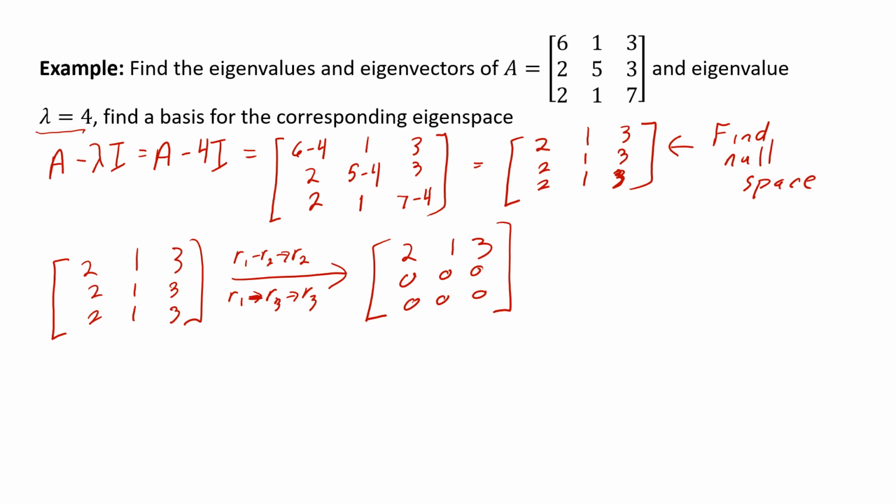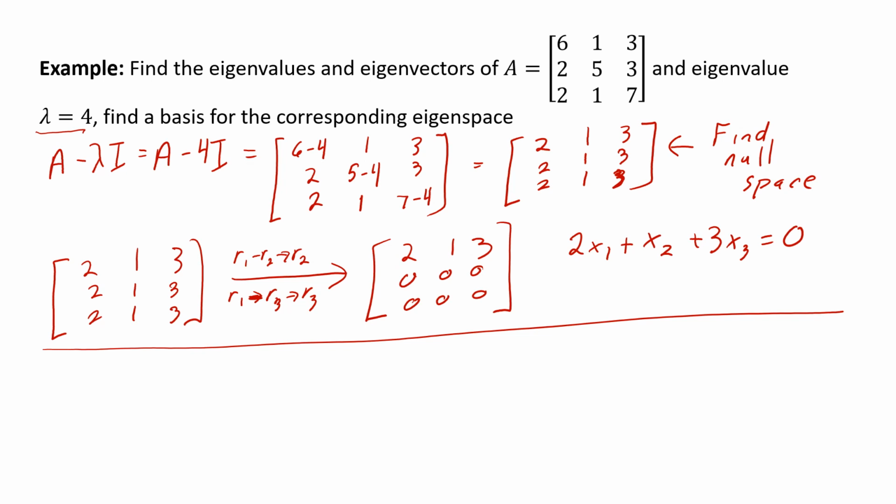So now what do we have? This gives us basically the equation 2x1 plus x2 plus 3x3 equals 0. When we rewrite this, we get x1 is equal to negative 1/2 x2 minus 3 over 2 x3. x2 equals x2 and x3 equals x3.